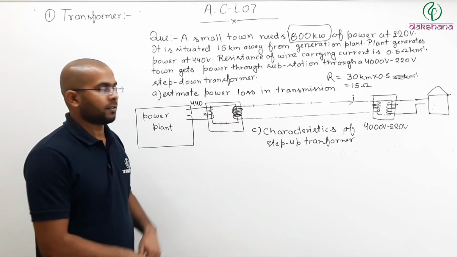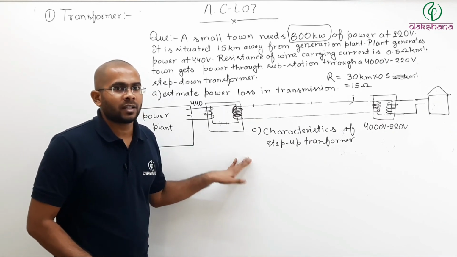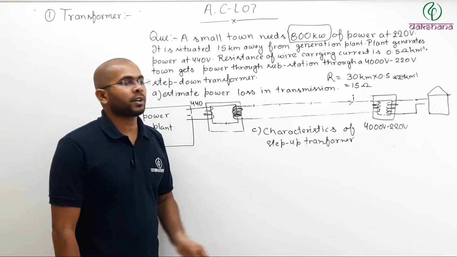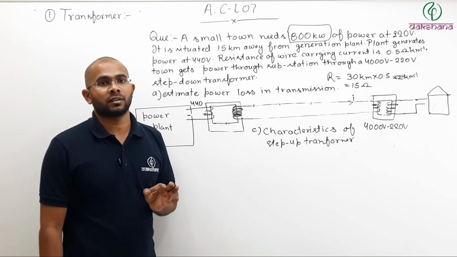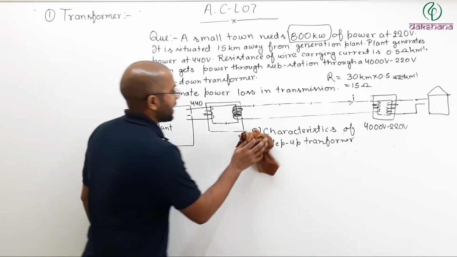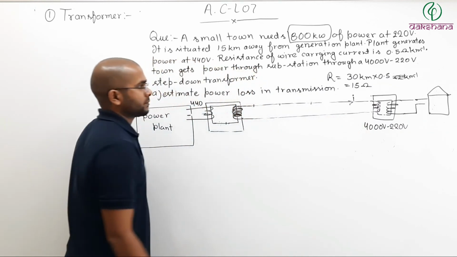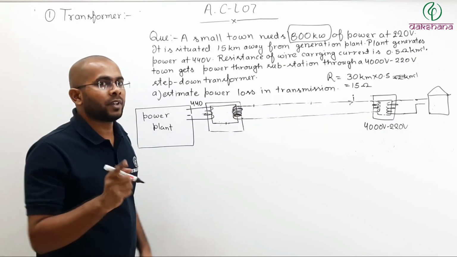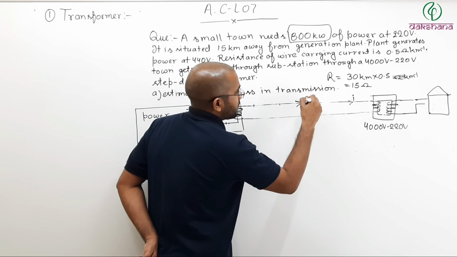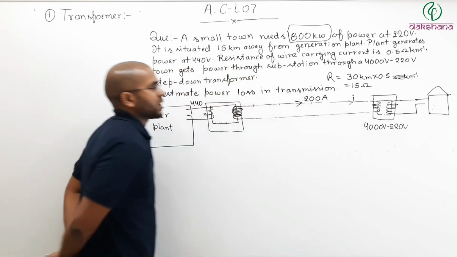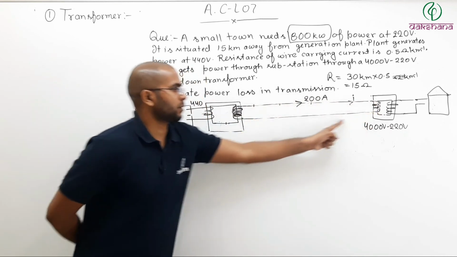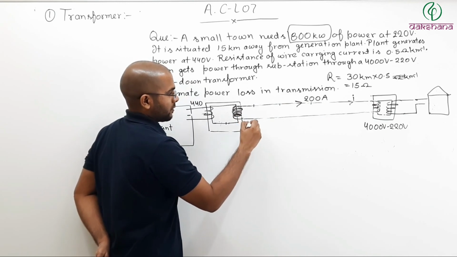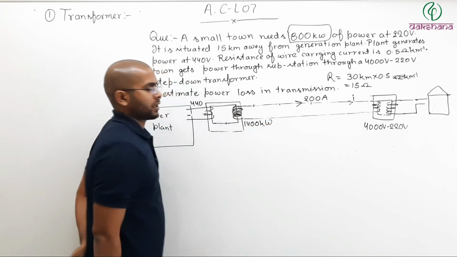Now if you remember, we have just calculated in the second option what is the power supplied by the plant. Power supplied by the plant is 1400 kilowatt. We have just calculated. And if you remember, in the first question, when we were calculating power loss, we had calculated that current in these lines is 200 ampere. That current is same throughout this. So here 200 ampere current. What is the power here? 1400 kilowatt, like this.